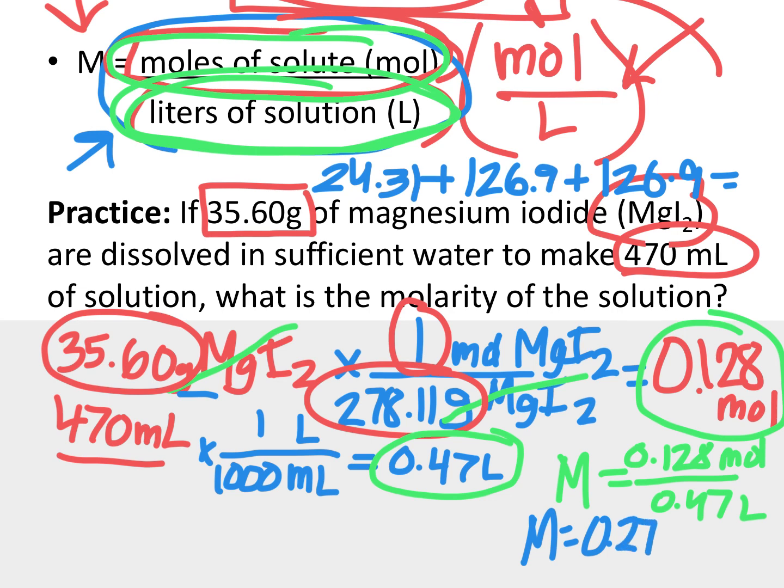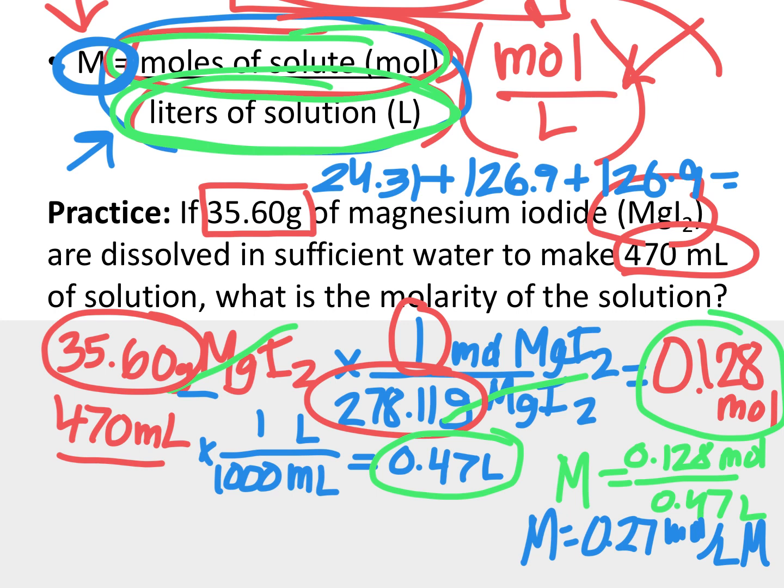So you can either do 0.27 moles per liter or just 0.27 capital M. In the end, that's how we figured out the concentration according to what we call molarity. And that's how we actually get to do a problem.